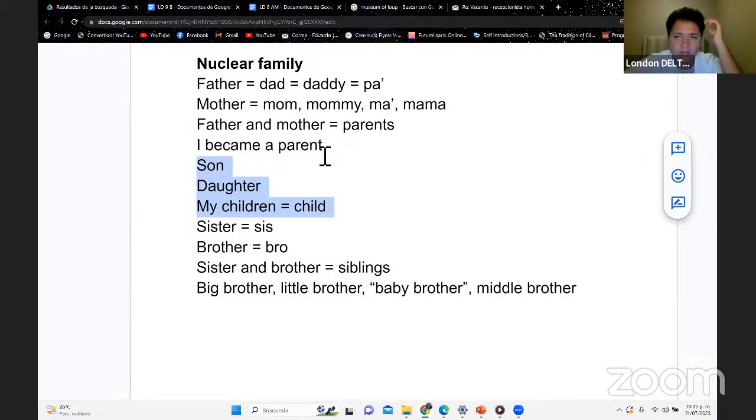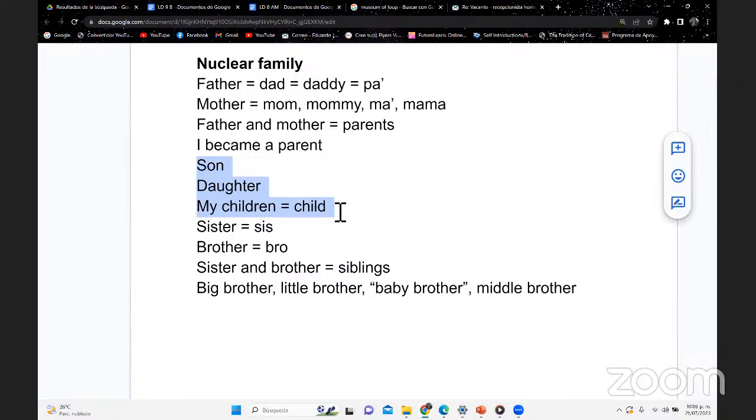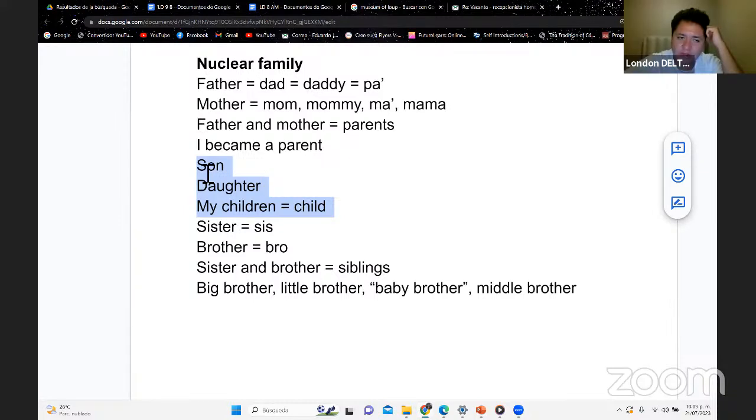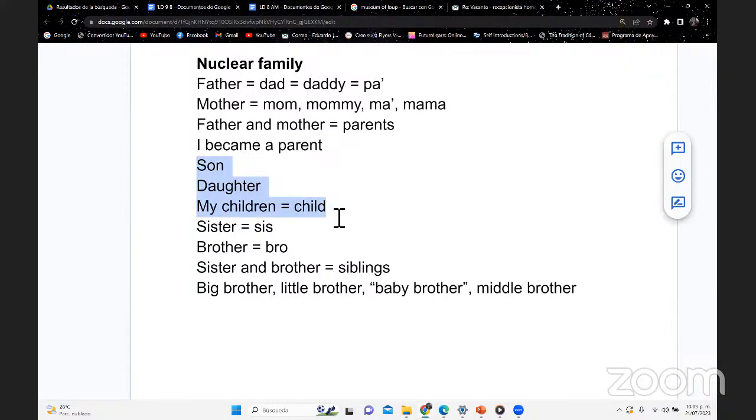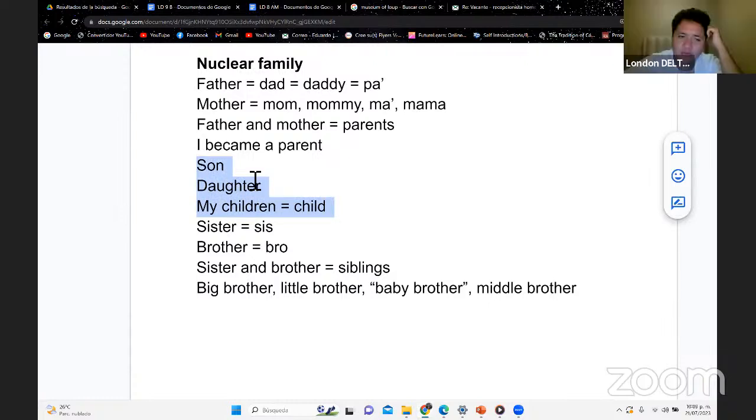Okay, please, Sophia, help me pronounce this vocabulary. Pardon, can you repeat the questions, please? Yes, just read, please. Let's read. Son, daughter, my, okay, children.